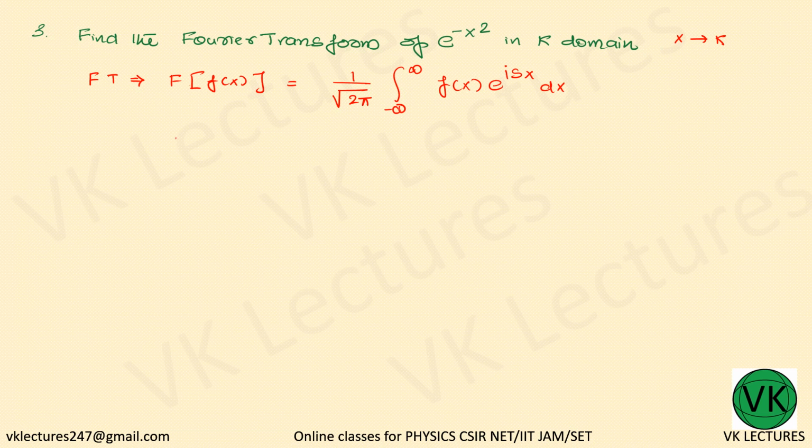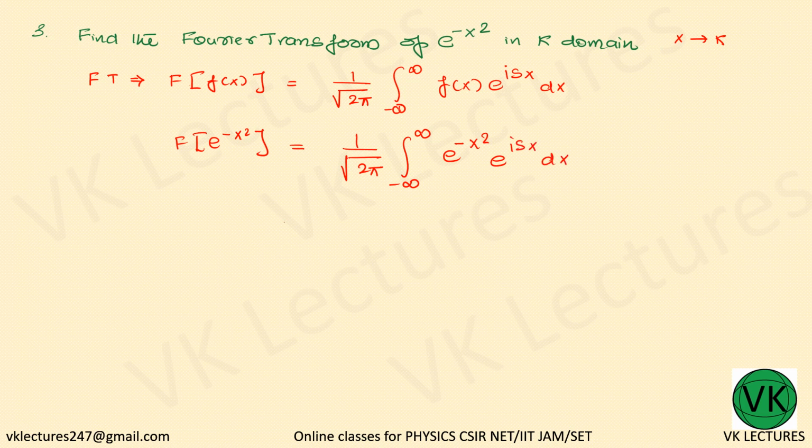Our function is e to the power minus x square, so this becomes 1 by root of 2 pi, integral from minus infinity to plus infinity, e to the power minus x square times e to the power isx dx.